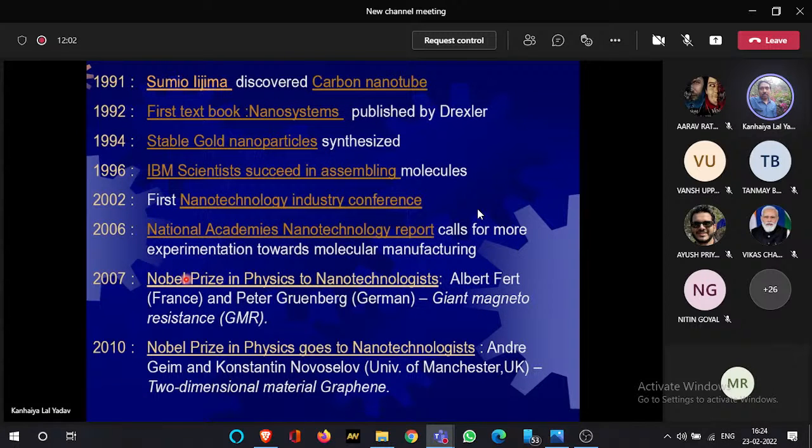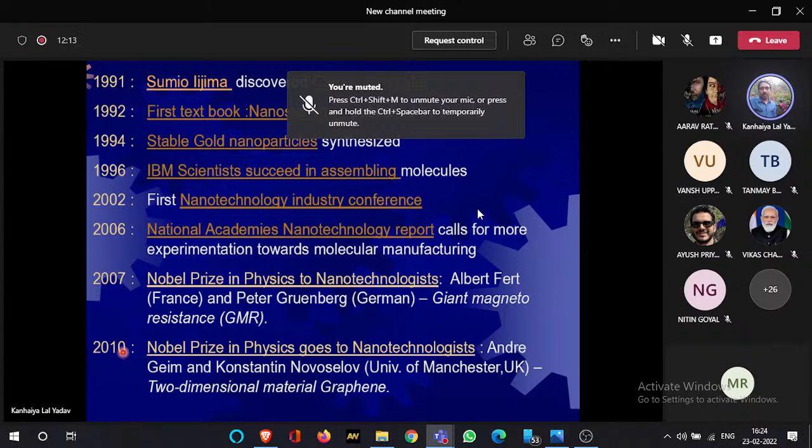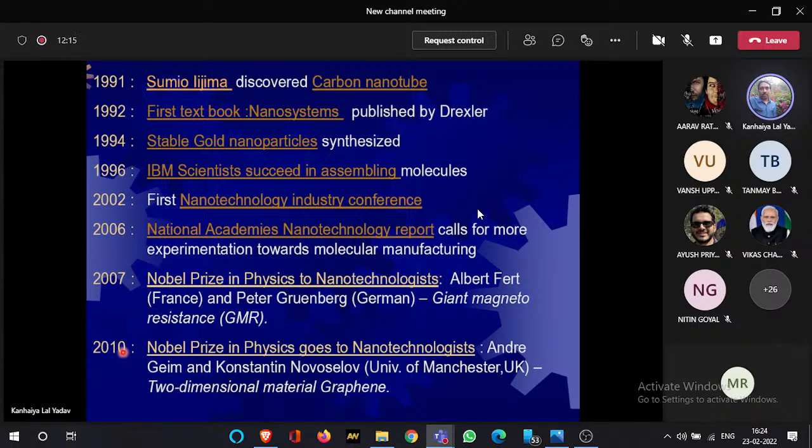Then 2007, Nobel Prize in Physics was given for the GMR effect, giant magnetoresistance, and 2010 the Nobel Prize in Physics goes to the two-dimensional material graphene. Okay.